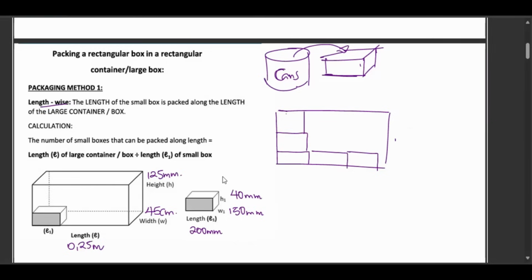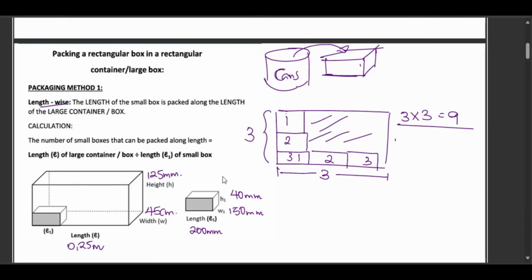So this is how many boxes we have. We have 1, 2, 3. Then 1, 2, 3. So these will be 3 boxes on the short side, still 3 boxes on the long side. So all in all, how many boxes shall they be? We shall say 3 times 3, and we end up having 9. So this room can take 9 boxes.